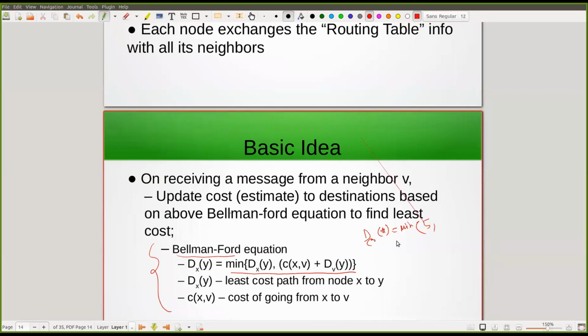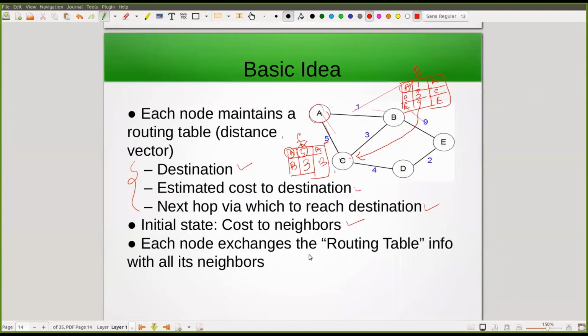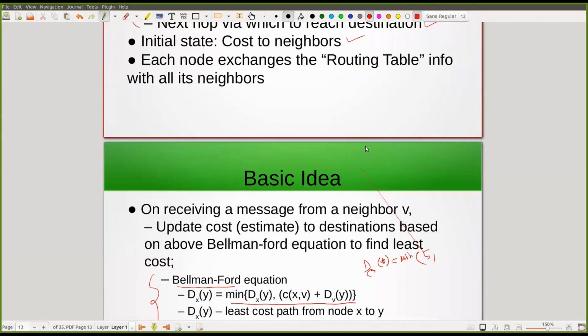Then the minimum of this and the cost of going from x to B plus d_B(y). The cost of going from x to B. What is B? Right now B is the intermediate node because I received the information from B at this moment. So what is the cost of going from x to B?